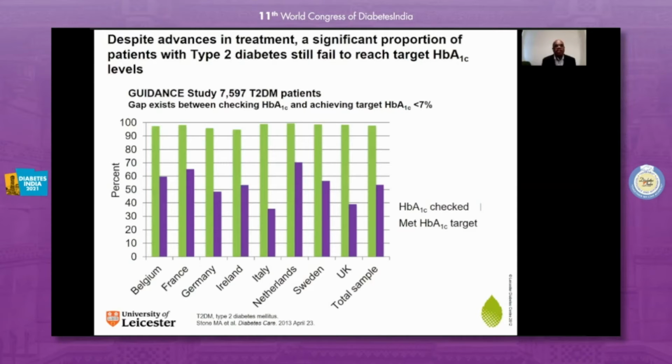And there was some variation across the countries, with a country like Italy doing far worse compared to countries such as the Netherlands and France, where the GPs did a lot better in putting interventions in place to achieve glycemic control.